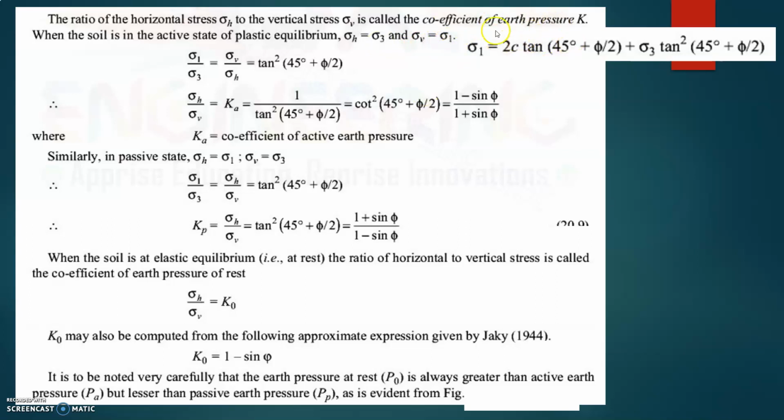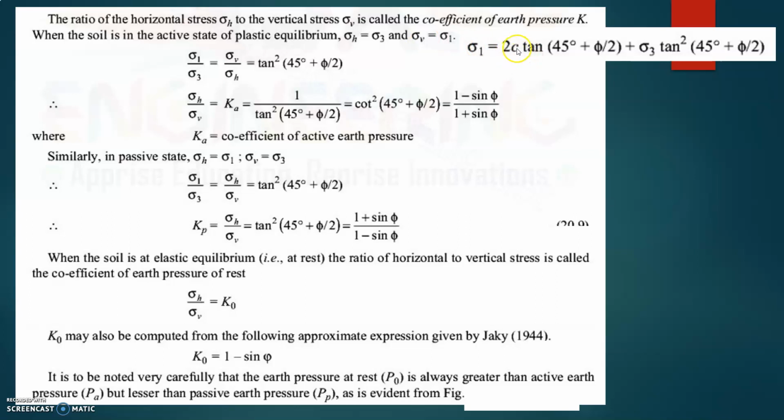Now, in the last class I explained this equation: sigma 1 is equal to 2c tan(45 plus phi by 2) plus sigma 3 tan squared(45 plus phi by 2). But we are considering non-cohesive, or cohesionless, soil, so c is equal to 0.